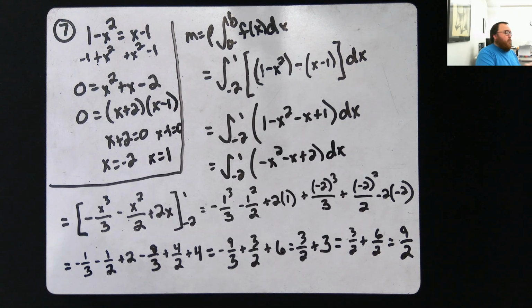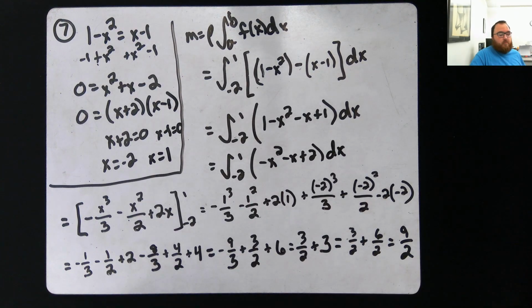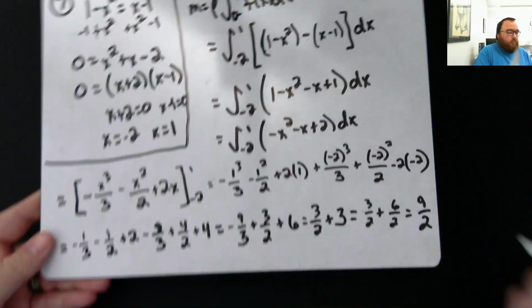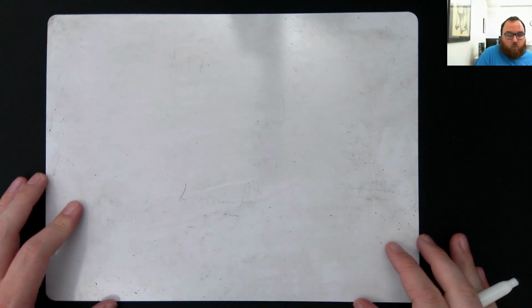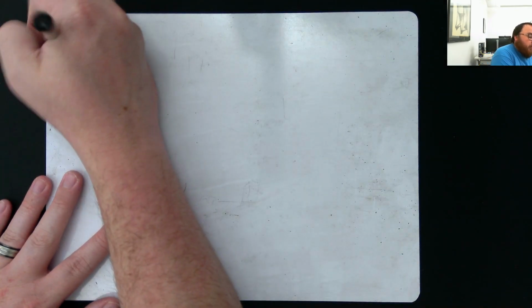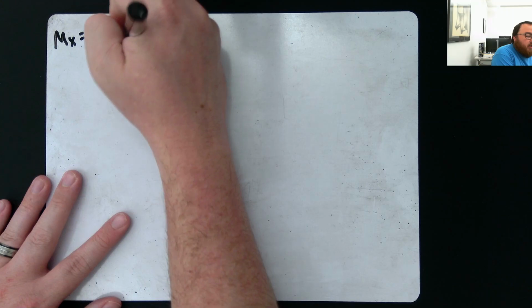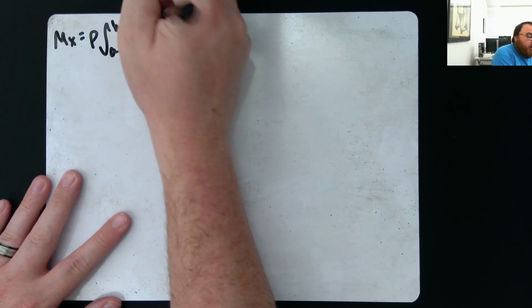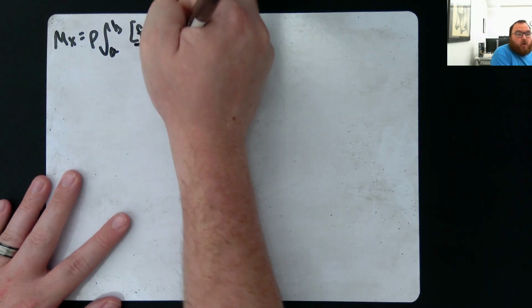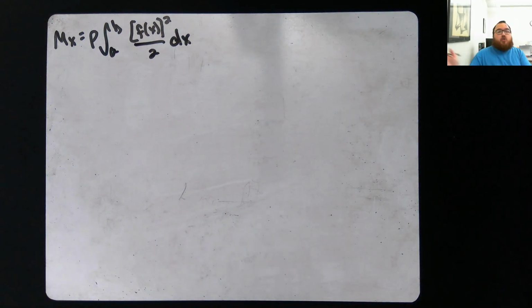Now let's find the moments. I'm going to move this for a second. I'll bring it back whenever we need it. The moment about x, remember, is rho integral a to b function squared over 2. This time I have 2 of them, though, which means I'm going to square each one and then subtract it.